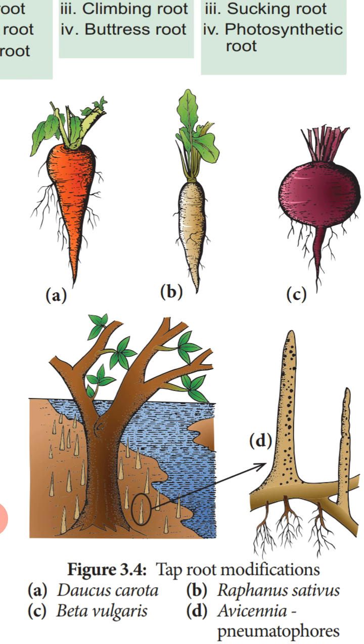In the B diagram you can see the base of the root as well as the apex of the root are narrow, whereas in the middle region they are swollen, they are bulged. Such roots are called fusiform. This is seen in the radish. Next, in the C diagram, in the beetroot you can find the base is broad.